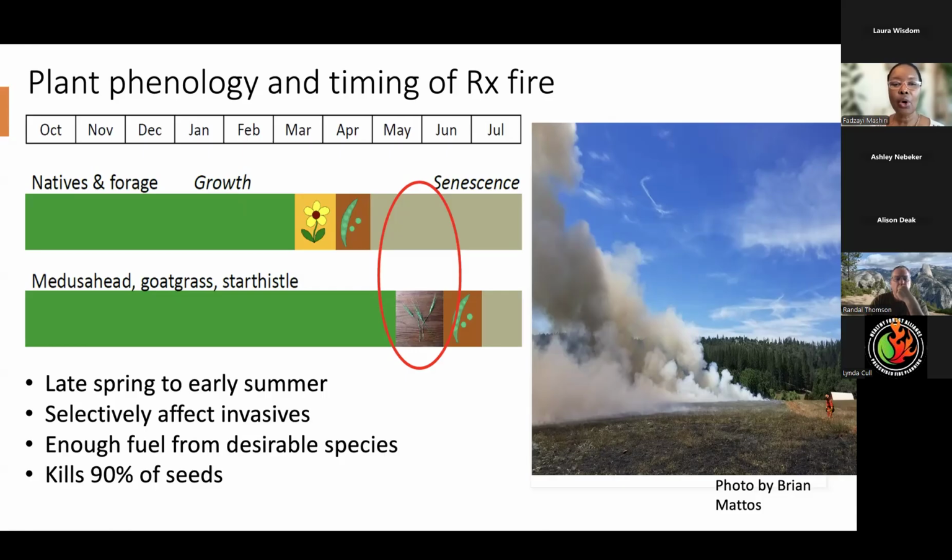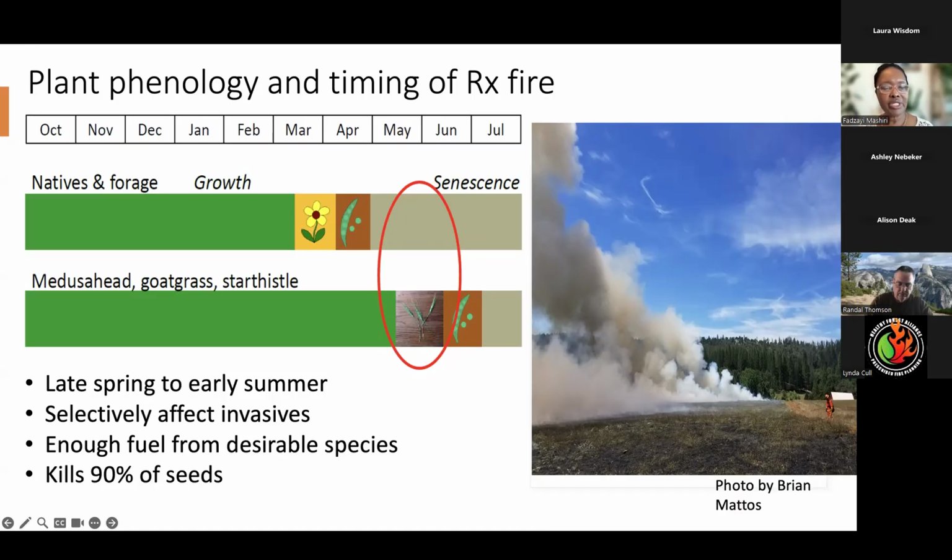And now what we can do because of this is to use this window where I have this red circle, to target fire being applied at this time. For the most part, this will be around late spring, early summer, depending on the precipitation regime of that particular year.